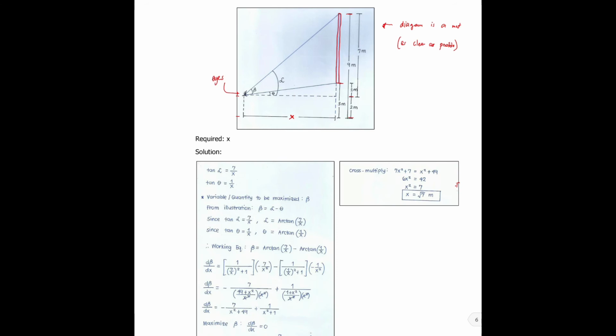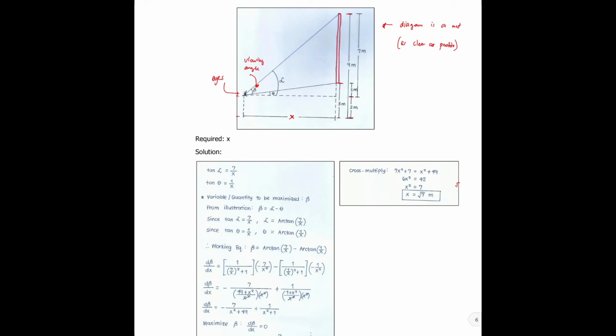The angle involved in the viewing angle of the painting is beta. Therefore, this is the angle, or the variable, that we need to maximize in order for us to get the best viewing angle.